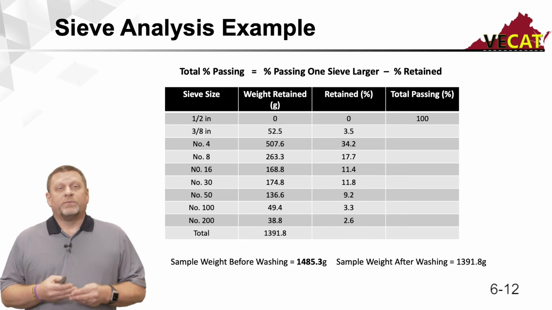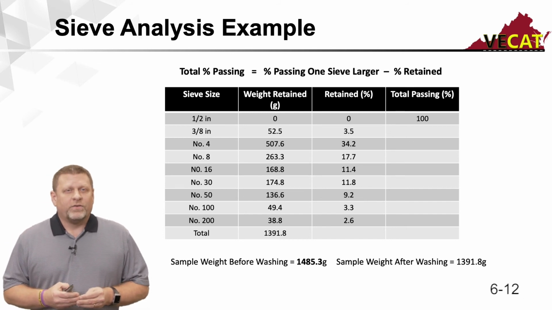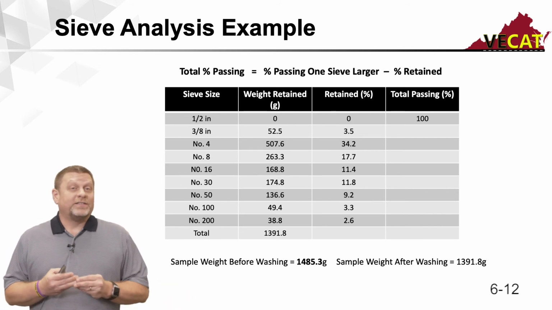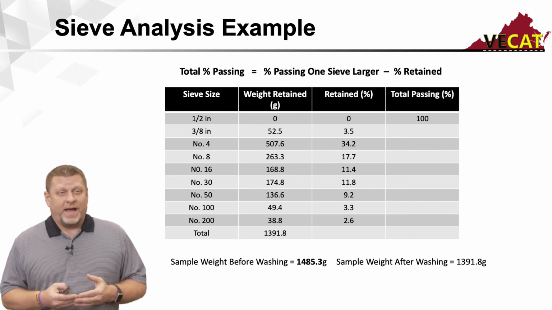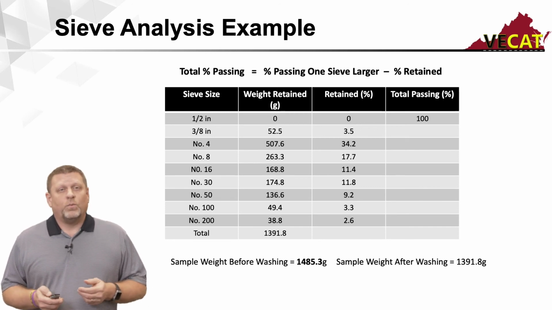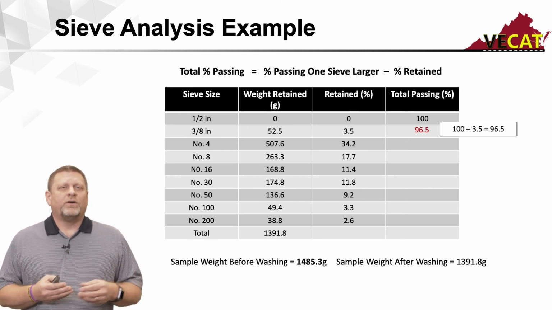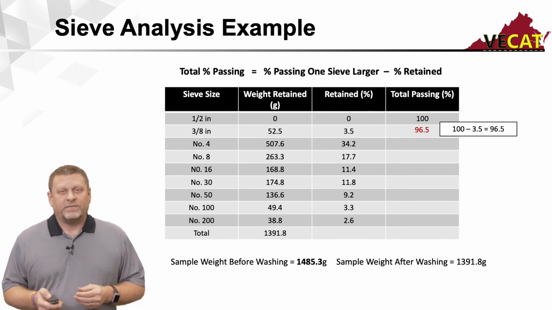Once we've done our percent retained, we're going to move on and calculate our percent passing. For the total percent passing, if nothing was retained on the 1/2-inch sieve, that means 100% of the sample passed the 1/2-inch sieve, so we got 100% passing. Using that 100 to calculate how much is passing the 3/8 sieve, we simply take the 100 from the sieve above minus the 3.5% retained, which tells me I got 96.5% passing the 3/8 sieve.